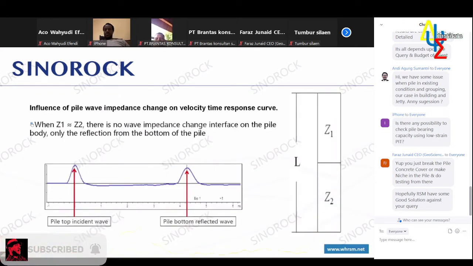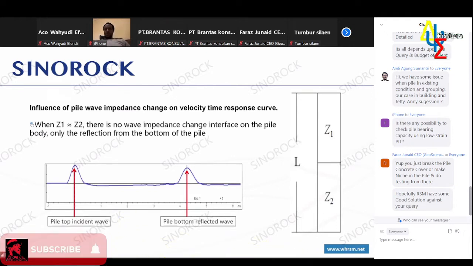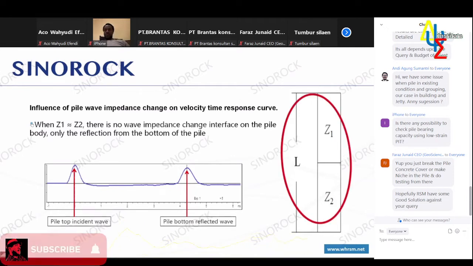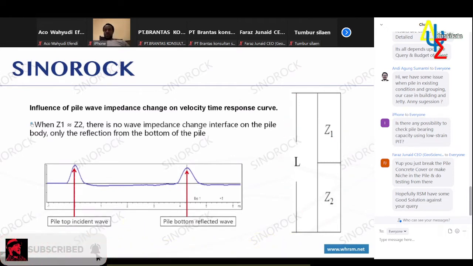Next, let's look at the law of stress wave propagation in the foundation pile. First, let's look at the influence of the impedance change of the pile body on the velocity response curve. A schematic diagram is drawn on the right.